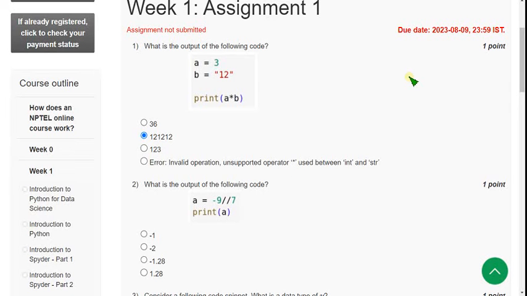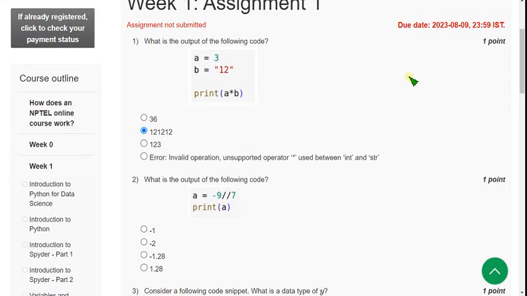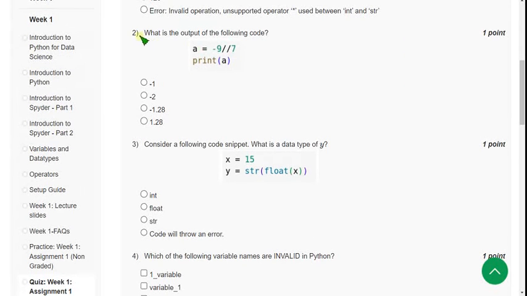Now let's move on to the second question. What is the output of the following code? For the second question, when I ran this in my compiler, the answer I got is the second option, -2.